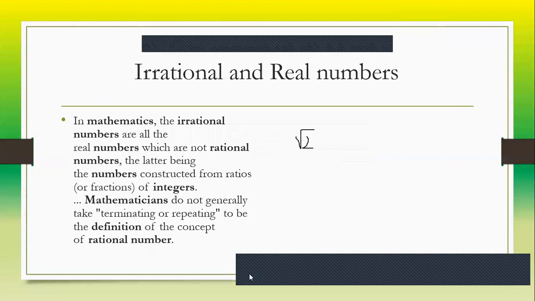Yeah, hello? Yes. So what I was saying now, use a calculator so we can find what root 2 is. You put a square root sign and you put the number underneath it. I don't have a calculator right now. Alright.